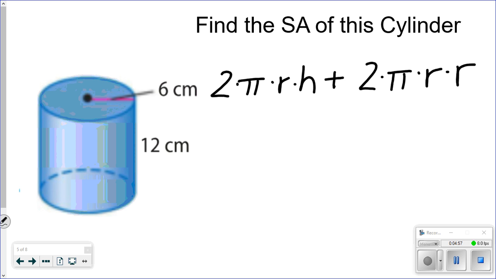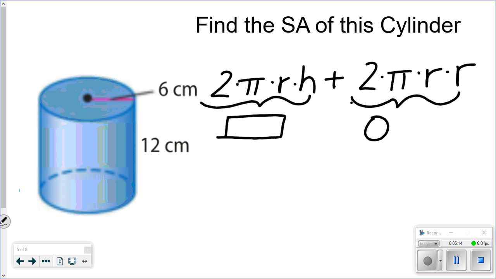Write it out so you can see everything you need to put in. This part right here would be that rectangular part. This part right here is the two circles of that cylinder.